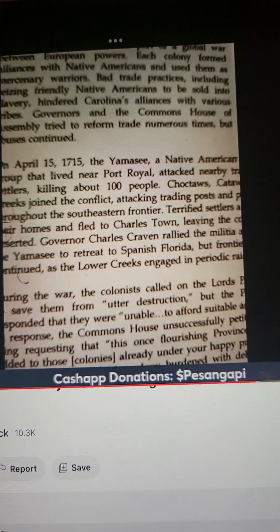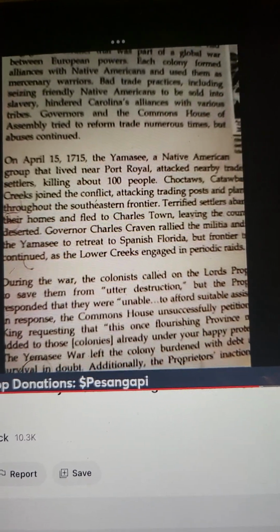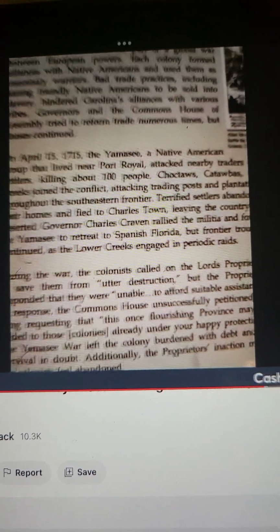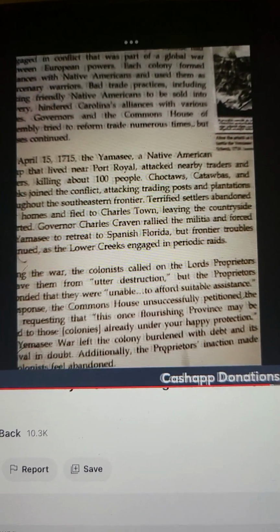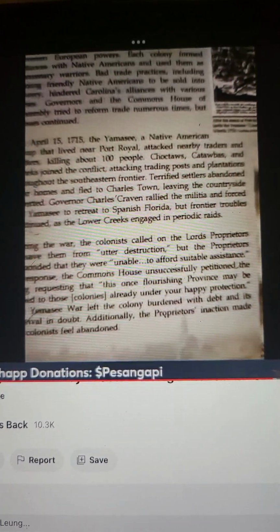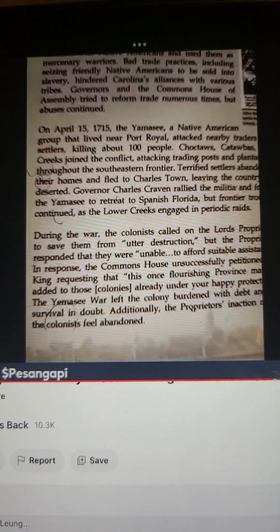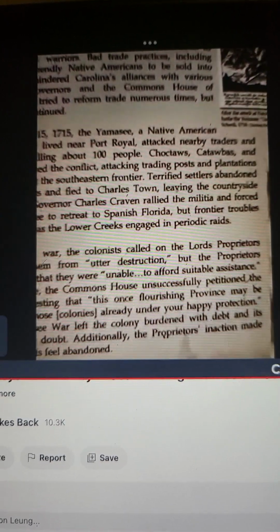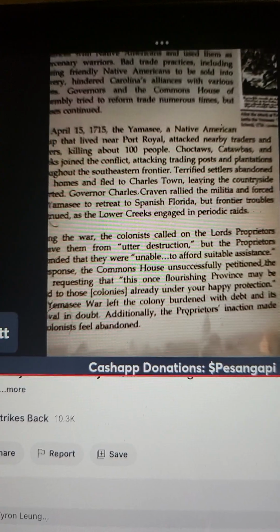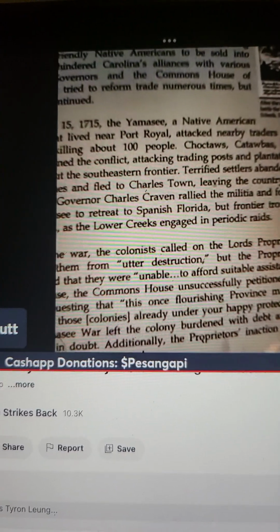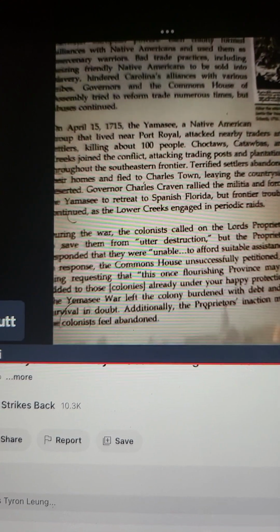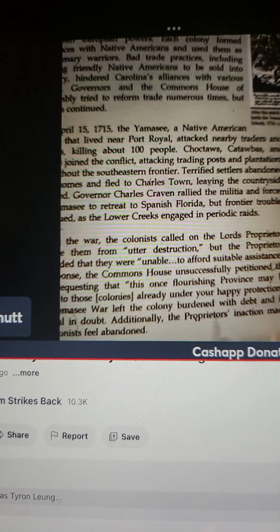On April 15, 1715, the Yamasee, a Native American group that lived near Port Royal, attacked the nearby traders and settlers, killing about 100 people. Choctaws, Catawbas, and Creeks joined the conflict, attacking trading posts and plantations throughout the southeastern frontier.